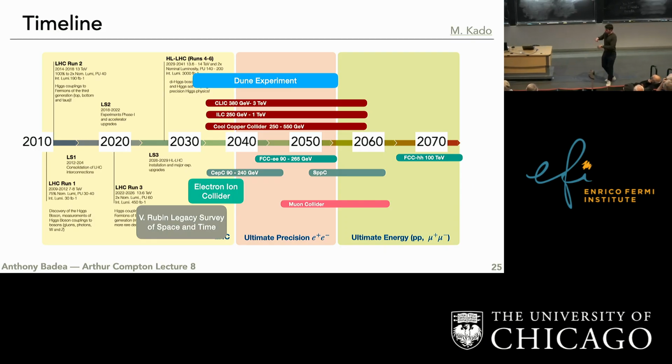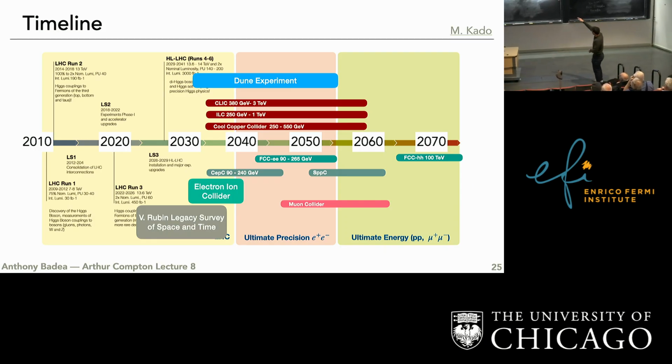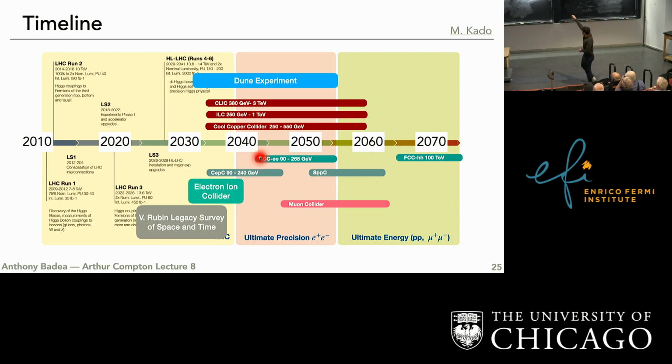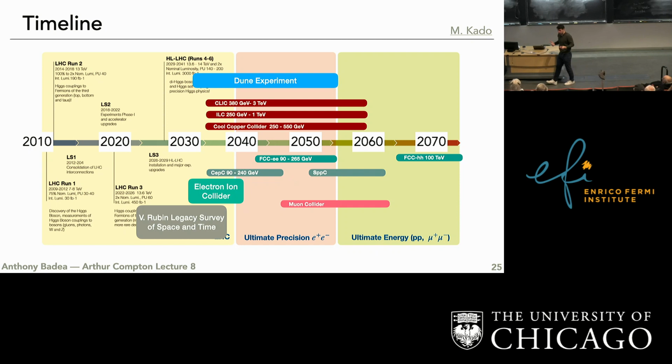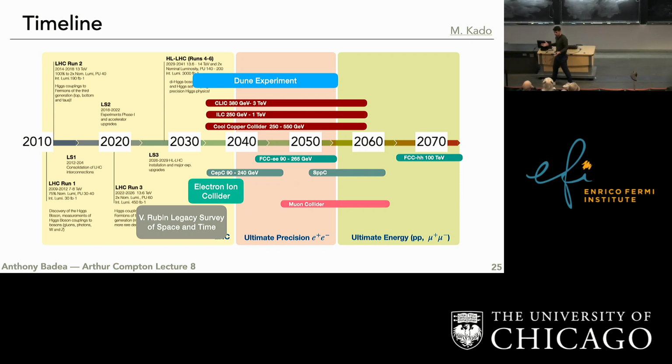And so roughly these 4, high luminosity LHC, DUNE, electron ion collider, and the legacy survey, will take us anywhere from 2040 all the way up to the mid 2050s. So the experiments that we're building right now are, for the young people, their entire careers in principle.